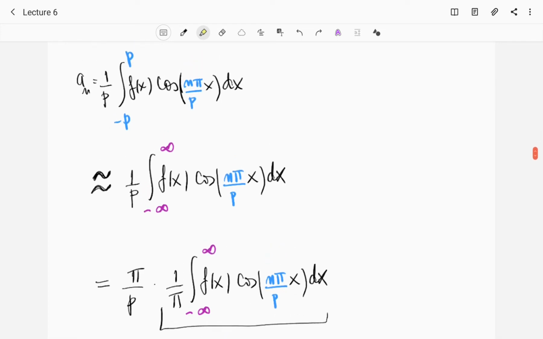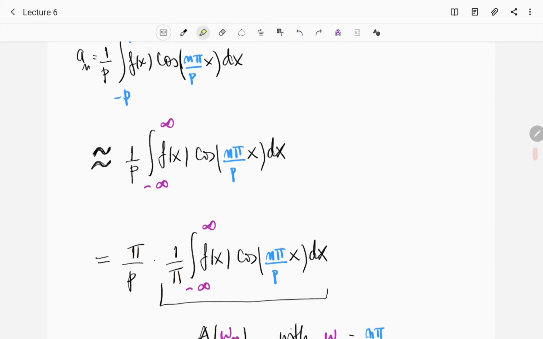To be similar to the function capital A of omega, we multiply and divide by pi. So now this is capital A at this particular omega_n.